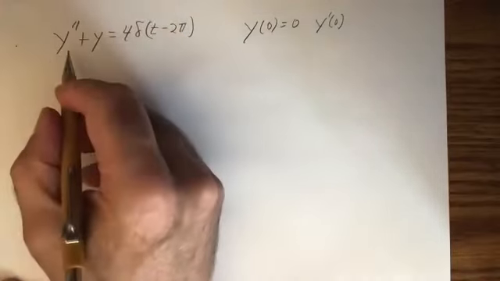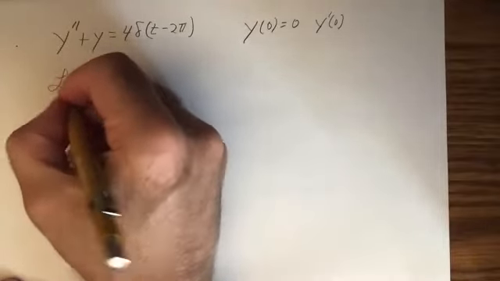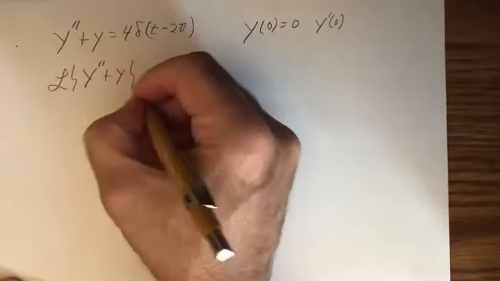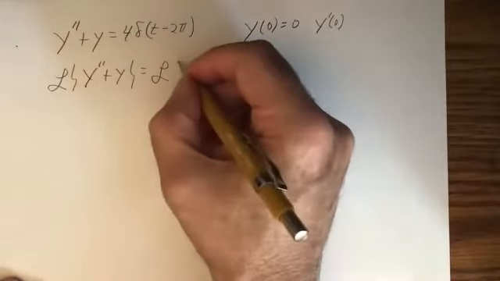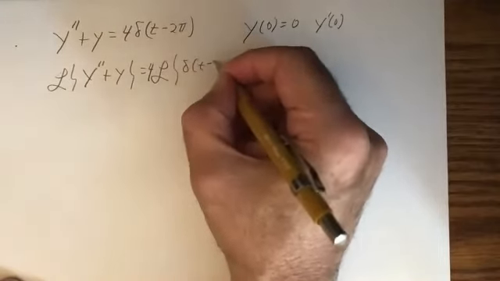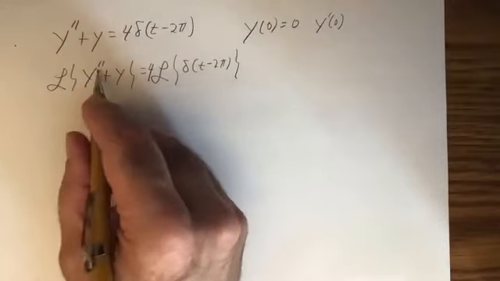So let's take the Laplace transform of both sides. I'll take the 4 out. Now, remember, this is 0.